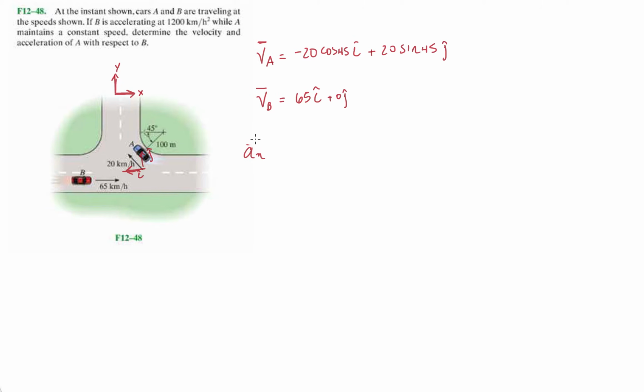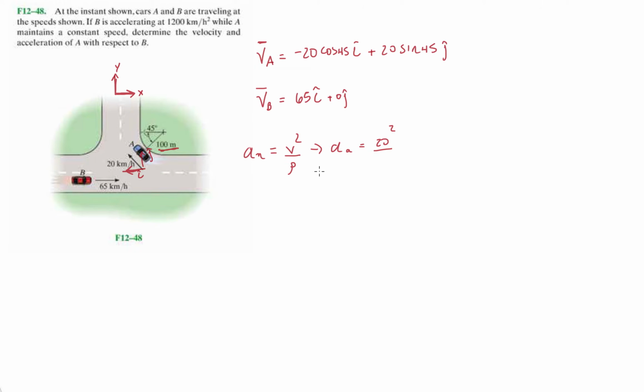Normal acceleration is going to be v squared over rho. So we're going to say it's 20 squared, the speed, divided by the radius of curvature, which is given as 100 meters.